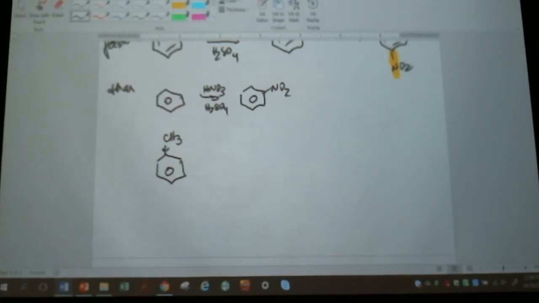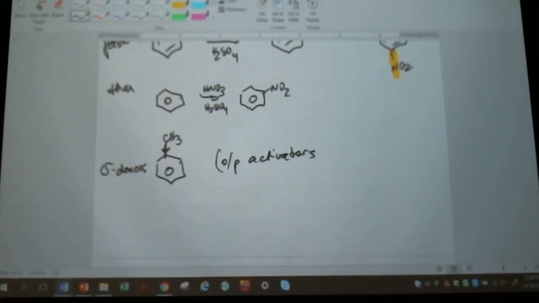But it can push these two electrons towards the ring. So alkyl groups are sigma donors. And again, that means they're going to be ortho-para activators. Not as good as a methoxy group, but ortho-para activators still.